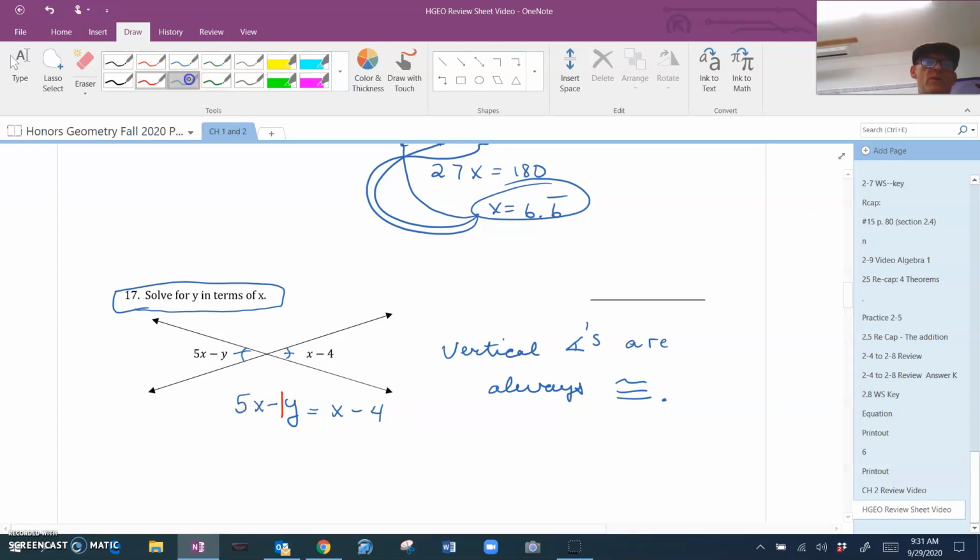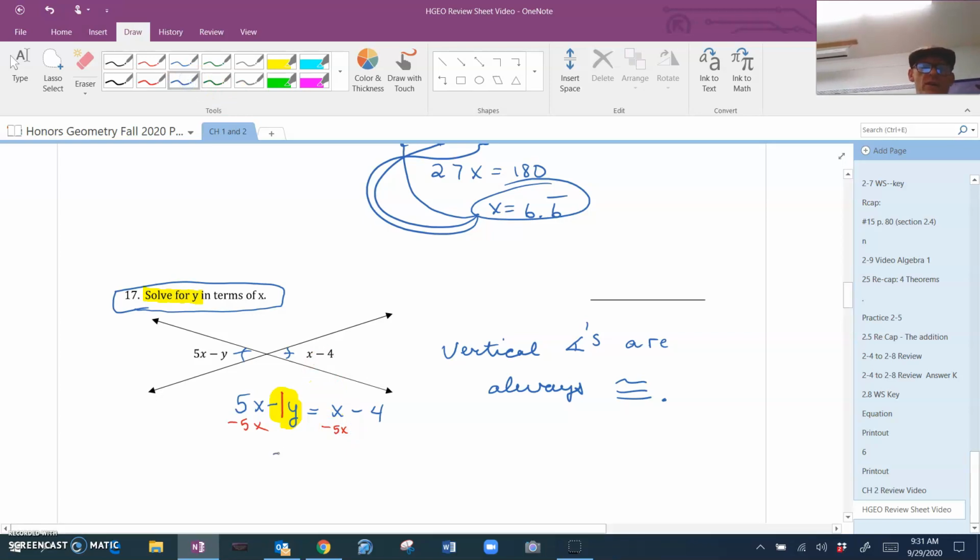What you're going to get is you got to solve for y. So that means this y right here, you have to get by itself. And that's going to require you to subtract the 5x first.